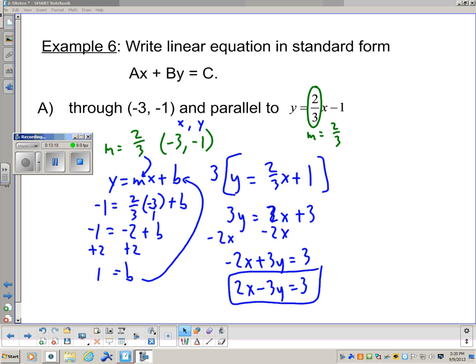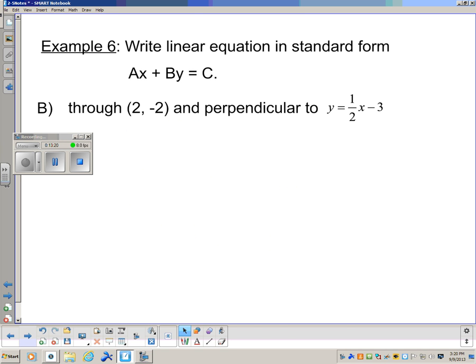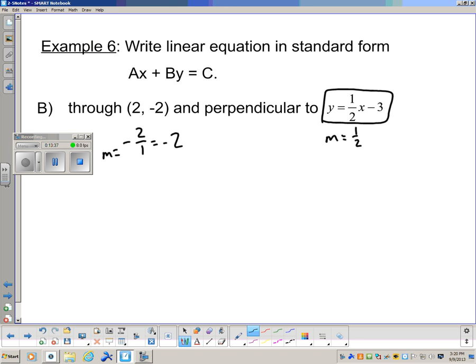So I've got one more example here left to do. So again, looking here at the equation, the only thing I'm looking at here is the slope. My slope here is 1/2. The one that's perpendicular to it, remember, is the opposite reciprocal. So I'm going to flip that over and then make my slope negative. So I end up getting a slope of -2. So now I'm not going to look at that equation anymore. And if I want, I can use y minus y1 equals m times x minus x1.